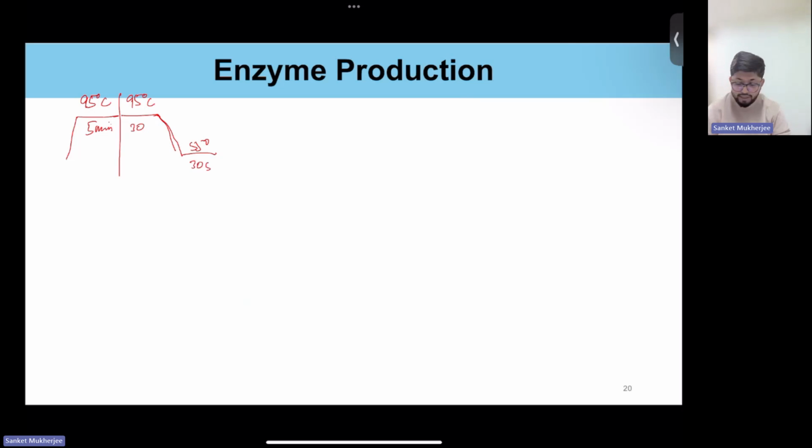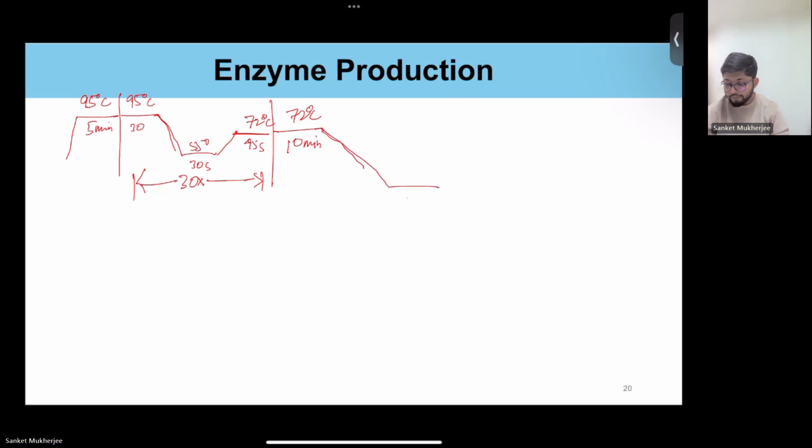Then we have extension, which is based on the amplicon length. It's usually done at 72 degrees for Taq polymerases, for, let's say, 45 seconds. This cycle is repeated 20 to 30 times, even more in some cases. Then you have the final extension step, let's say for 10 or 5 minutes, and then you go for an infinite hold at 4 degrees.